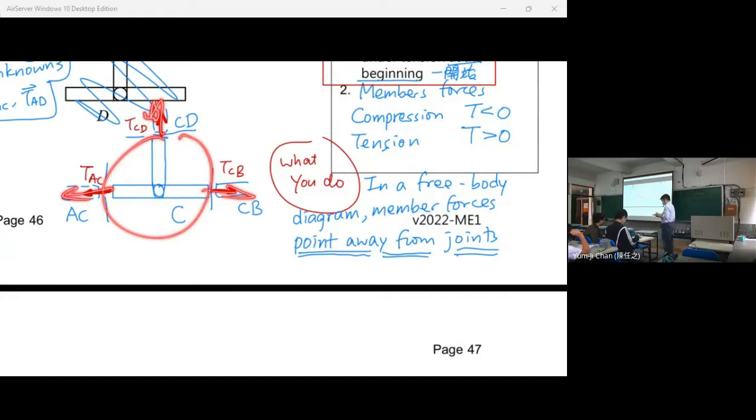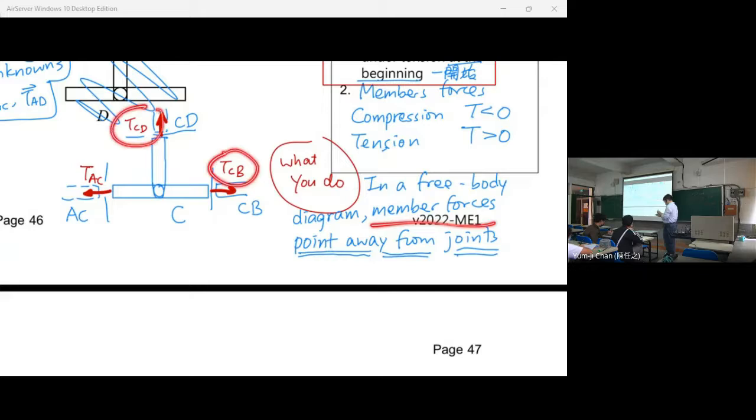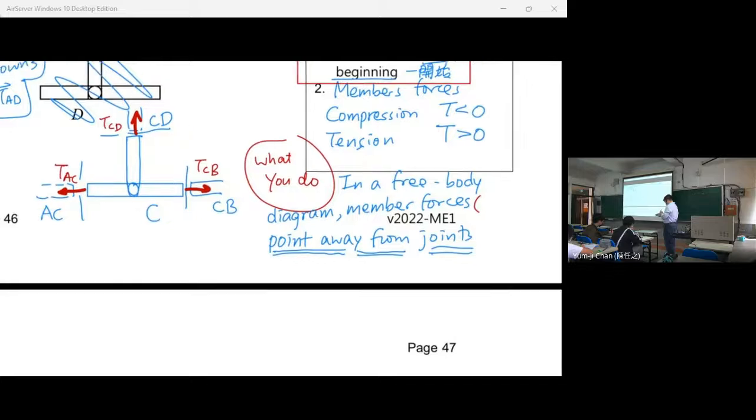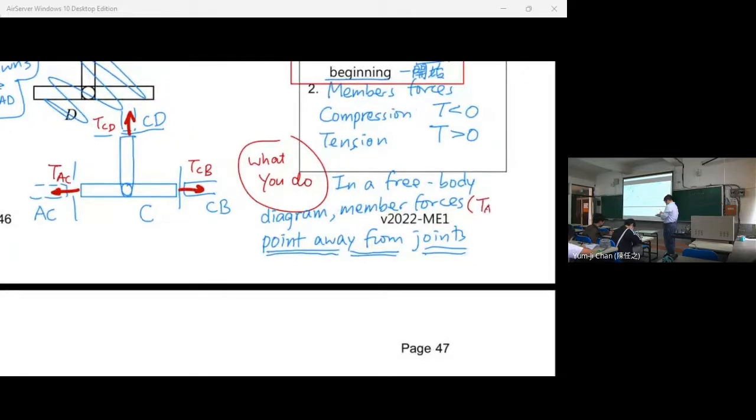So if you are looking at joint C, all forces should be away from joint C. Member forces like TAC, TCB, and TCD should be away from joint C.